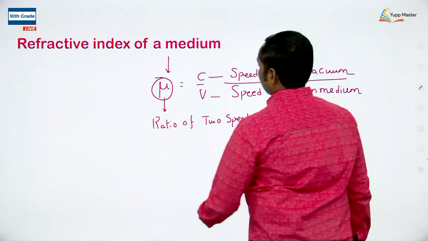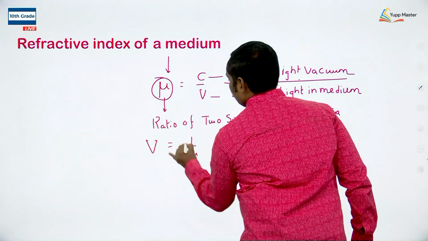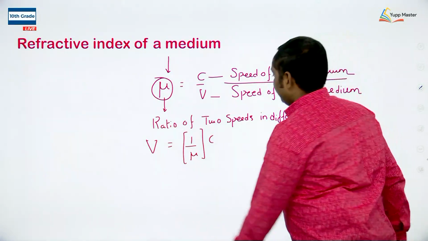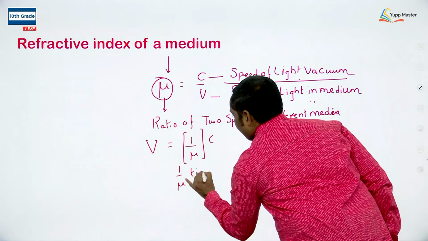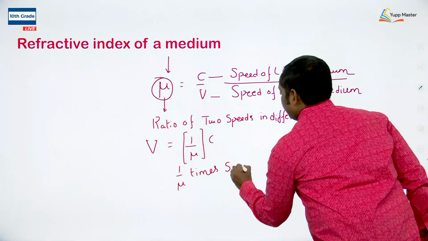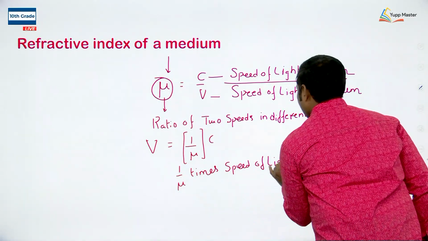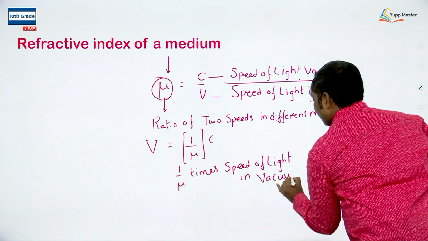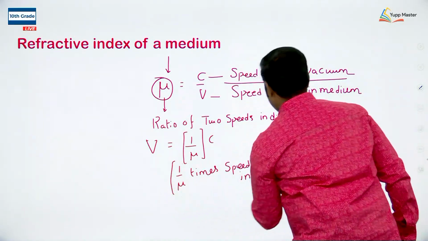If you take v is equal to 1 by mu into c, simply 1 by mu times the speed of light in vacuum. Yes, so you can confirm that this is the matter.